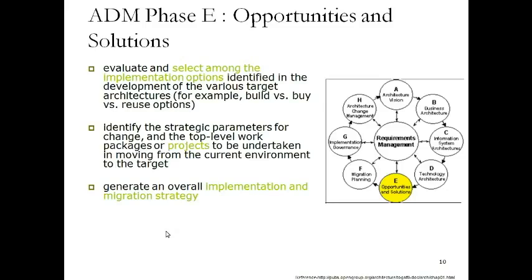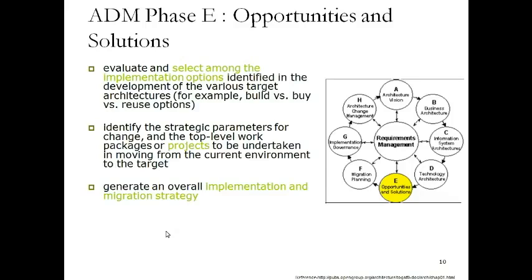The other thing is to identify the strategic parameters for change and the top-level work packages or projects to be undertaken in moving from the current environment to the target. This step is mostly about change management.